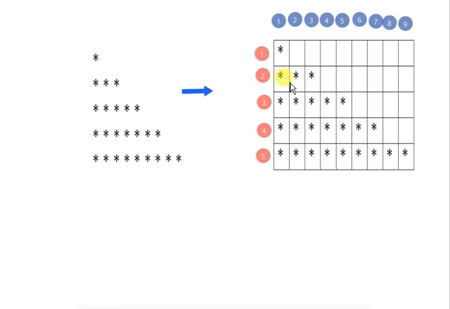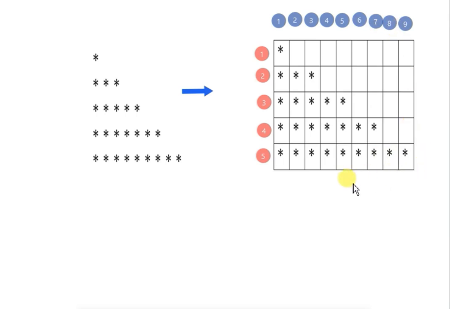That is, we are printing up to column number 2, and then we have an extra star at column number 3. Similarly, if we look at row number 5, then we are printing the stars up to column number 5, and then we are printing 4 more stars at columns 6, 7, 8, 9.